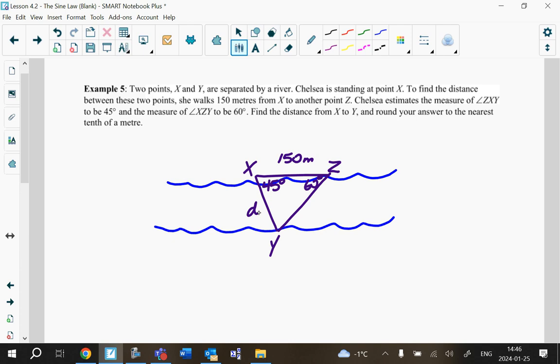And that's enough, along with some trig, to figure out D. So what do we do? Yeah, we need to find the angle first, because this angle here goes with this side. I find it by doing 180 minus 45 minus 60, and I get 75 degrees.